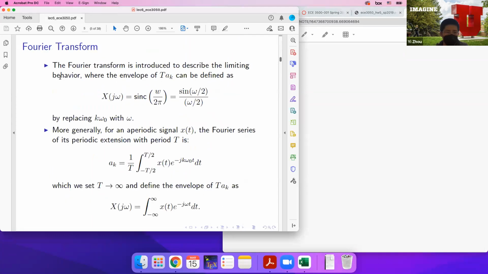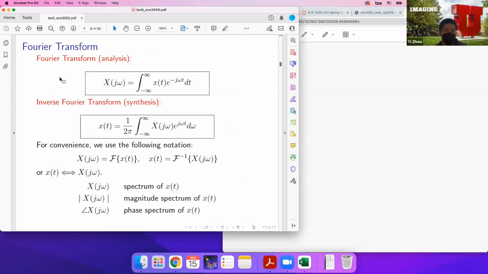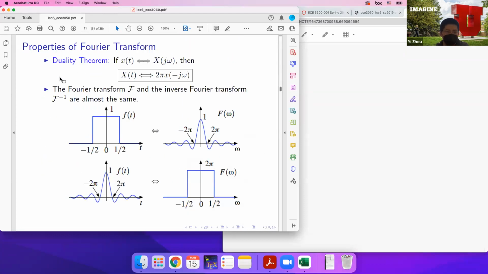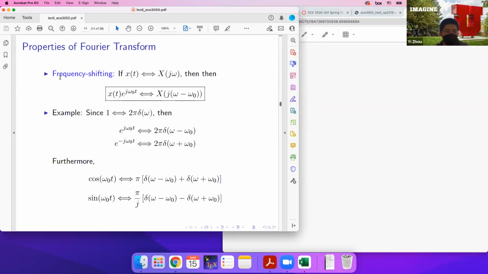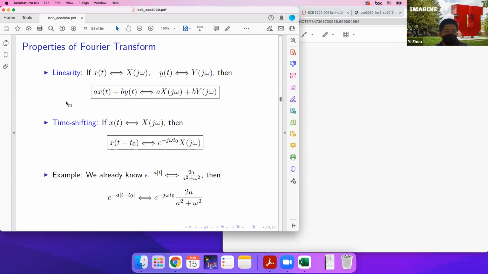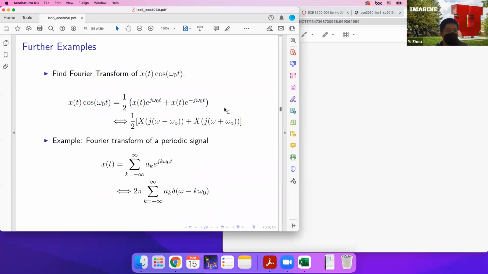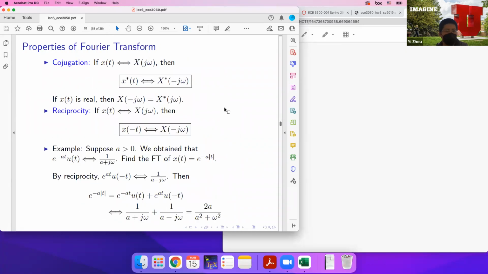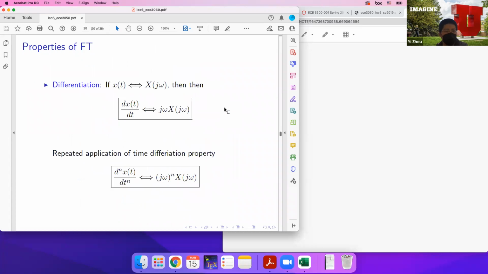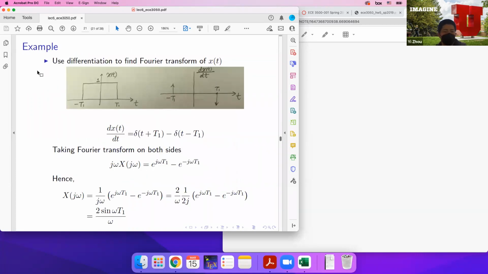Okay, so we talked about Fourier transform last time, and there are a lot of properties associated with Fourier transform, especially the time shifting property and frequency shifting property. And then we also have this differentiation property. These are probably the most important properties of Fourier transform.